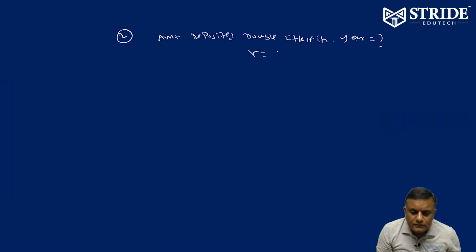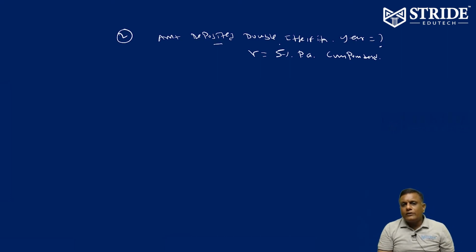Rate of interest 5% per annum, compounded. So amount deposited is going to double itself in how many years? Rate of interest 5% per annum compounded.